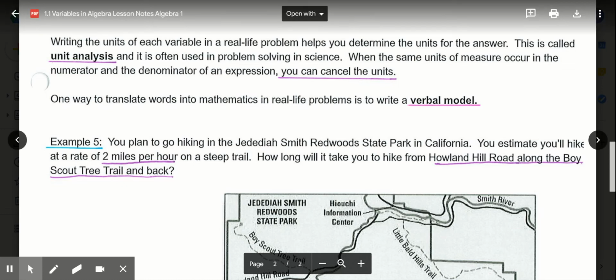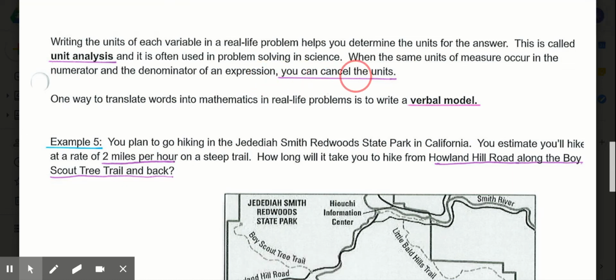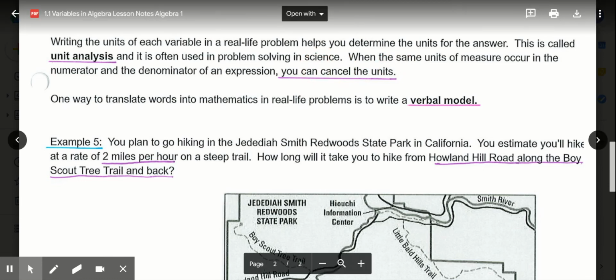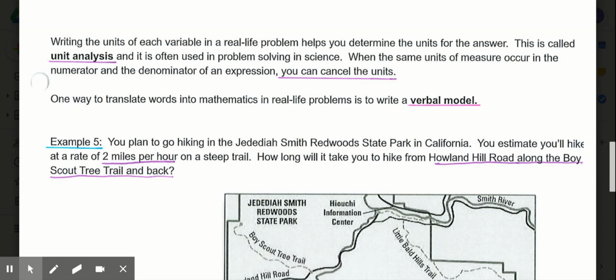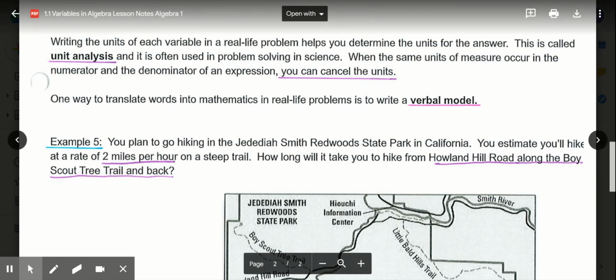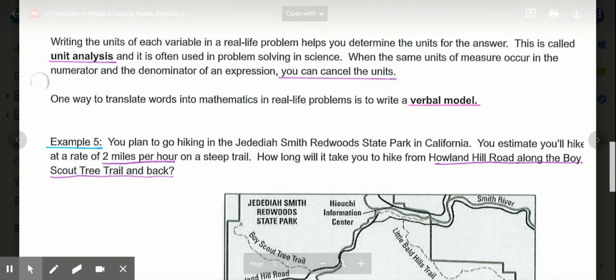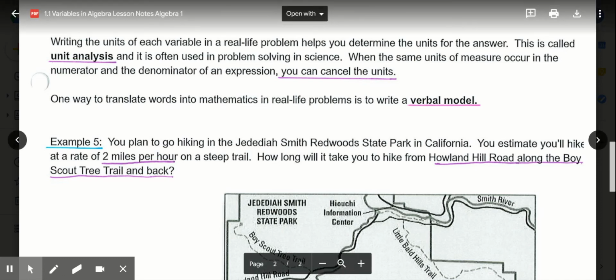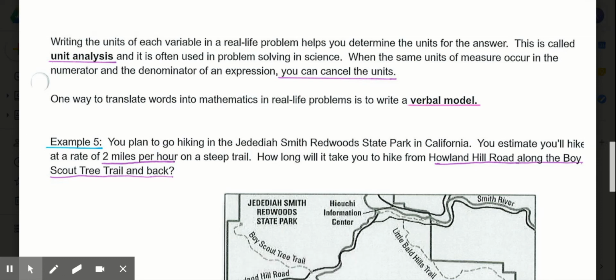So the key again is this idea of being able to cancel units if the same units are in the numerator and the denominator. So for example, if we had hours on top and hours on bottom, we can cancel out the units of hours.